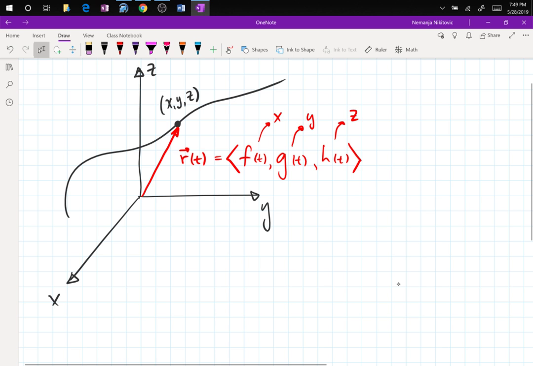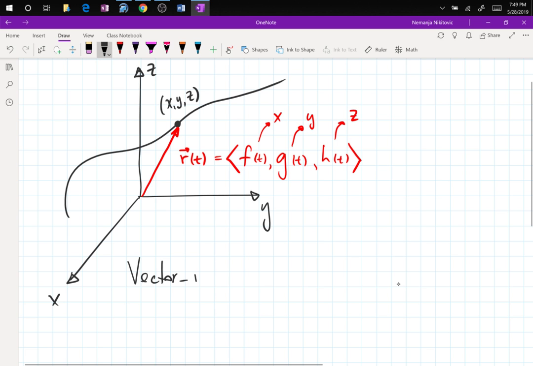And now, instead of writing all of those equations separately, we are going to write all of those equations in one vector and call that vector R. So we can call it position vector, but we'll call it vector valued function.